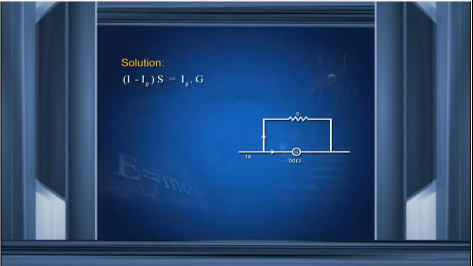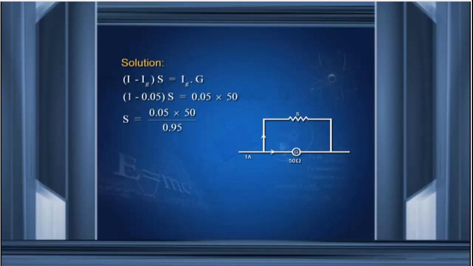Substituting the values of current I, Ig, and the value of G, we obtain (1 minus 0.05) into S equals 0.05 into 50. From here, the value of shunt resistance S is equal to 0.05 into 50 divided by 0.95.